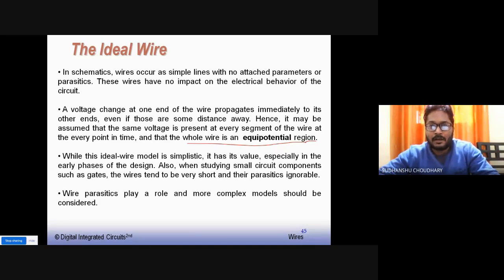The potential along the points on the wire changes. And as the length of the wire increases, the resistance of the wire also increases, right? So the equipotential approximation cannot hold true for long wires. This one has to be kept in mind while modeling the interconnects.